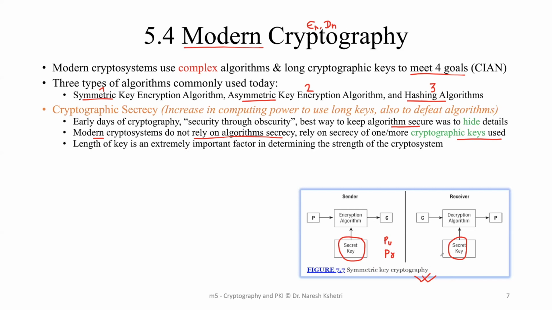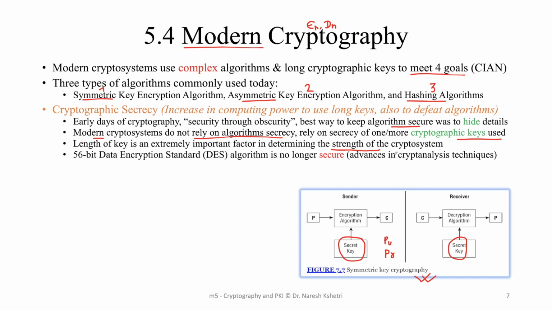The length of the key is an extremely important factor. That length will determine the strength of the crypto system. For example, the Data Encryption Standard, DES, used a 56-bit key, which is no longer secure. Today we should use at least 128-bit, or 256-bit, or even 512-bit keys.